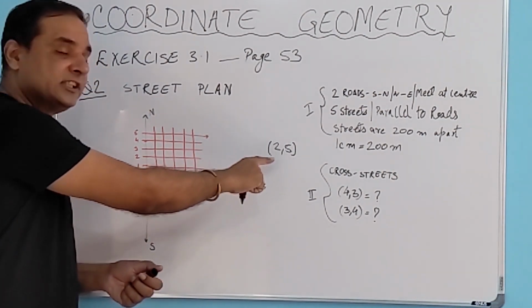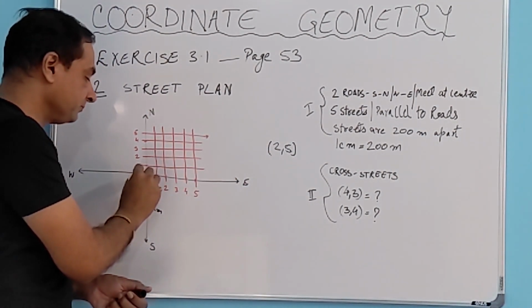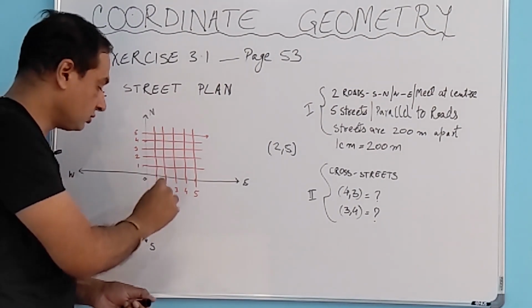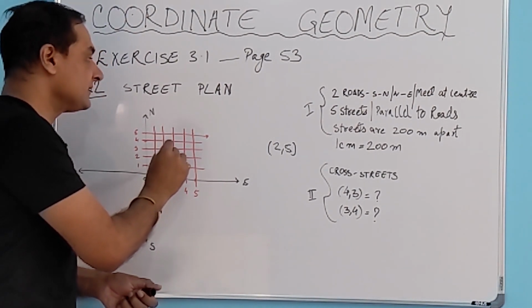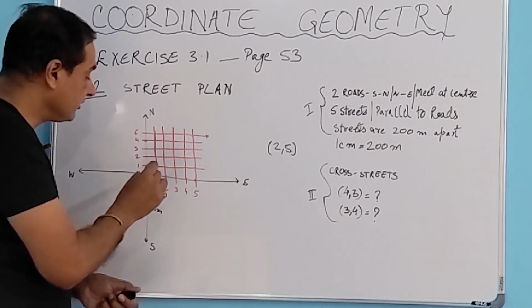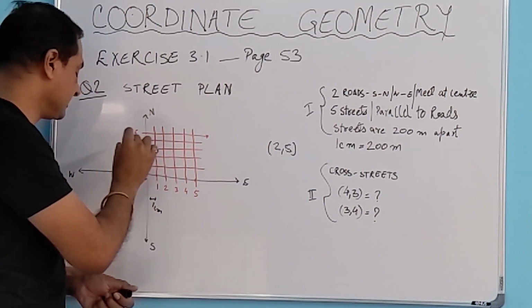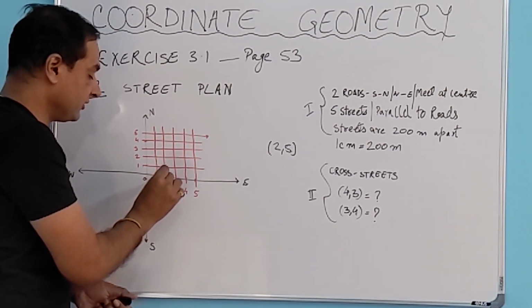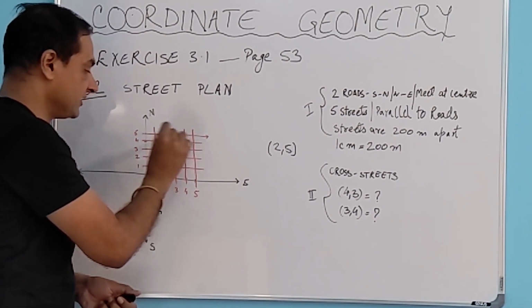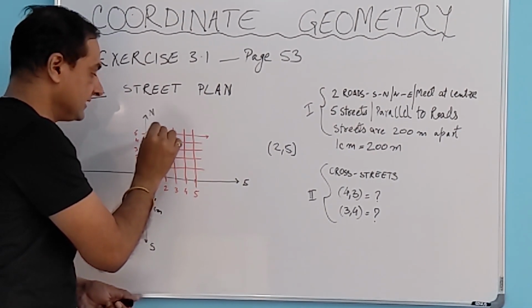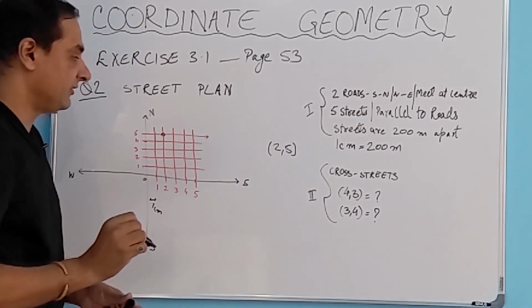So this 2, 5 means this cross street is basically the second street which is running north to south direction, where it is intersecting with the 5th street, the 5th street which is running east to west. So if you look at the second street and the 5th street which is running east to west, this is the intersection which is 2 and 5.